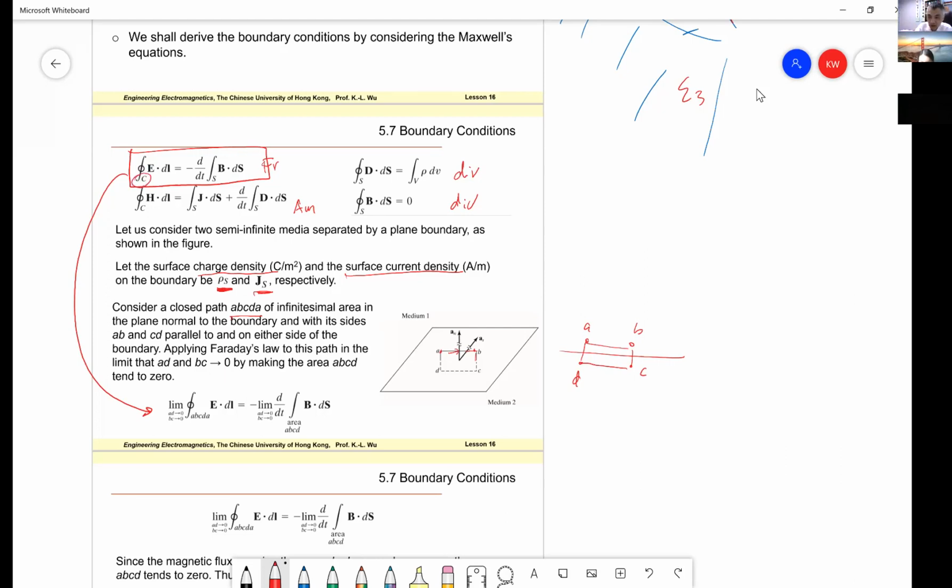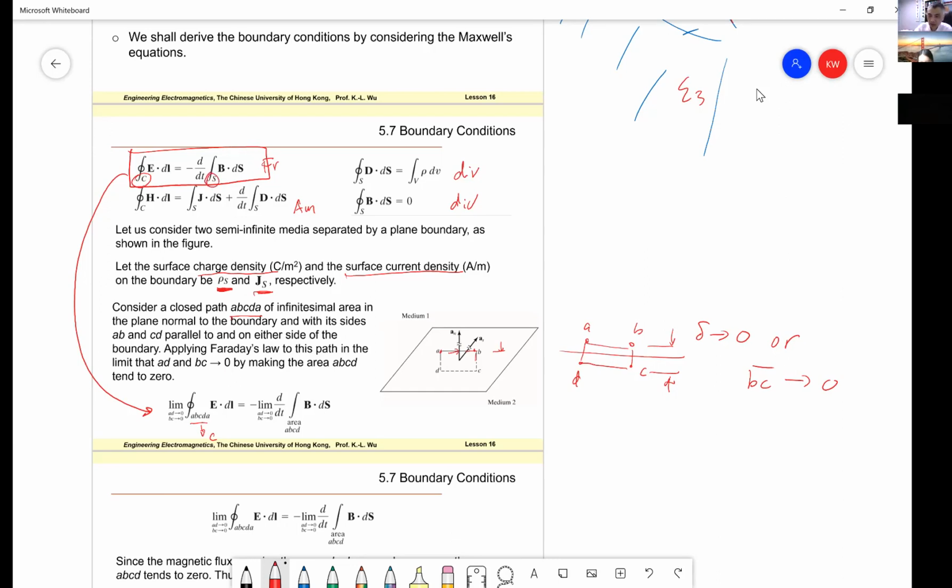Then this is an arbitrary line integration. So I apply this to this contour ABCDA. And I assume this distance, BC, approaches 0. So I press this frame. Why do I press this frame?